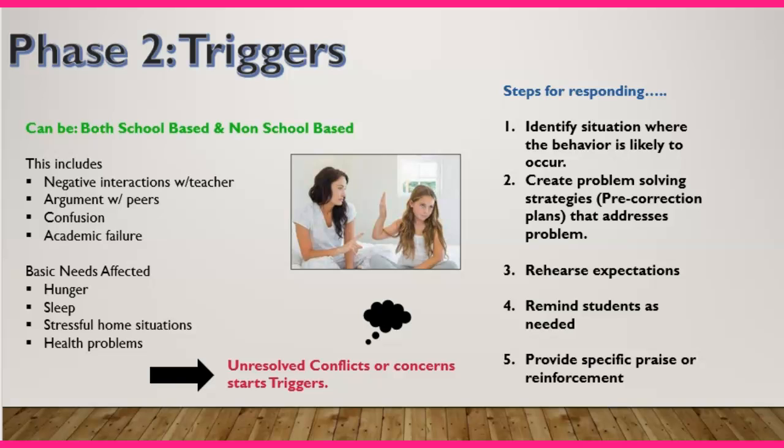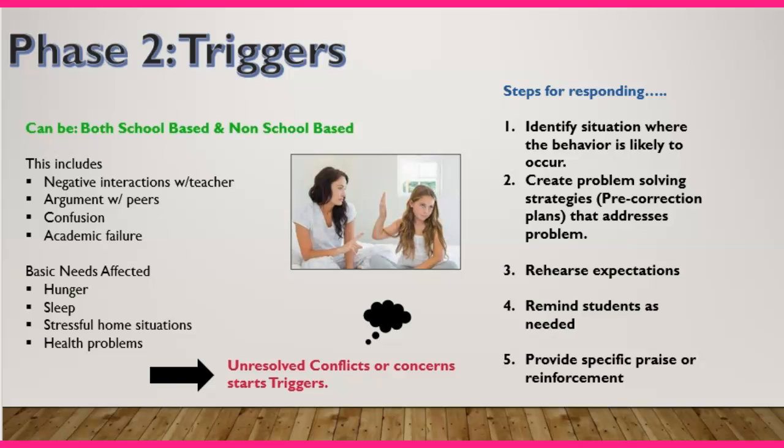What triggers phase 2 is basically unresolved conflicts or concerns that the teacher may not notice when the child is showing that they are either frustrated or they just don't know how to do it.